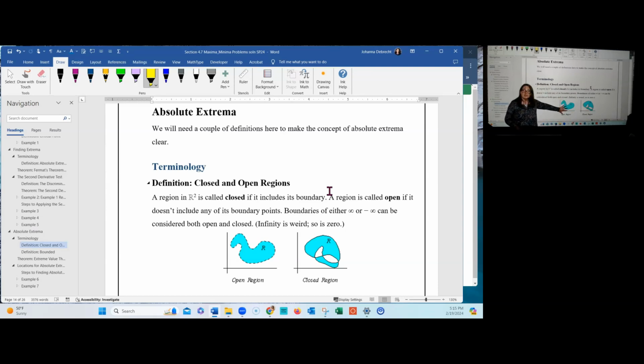An open region is analogous to an open interval, open 1, round parentheses, to open 5, round parentheses, or negative infinity to infinity. A closed region is analogous to a closed interval, square bracket 1 to square bracket 5.